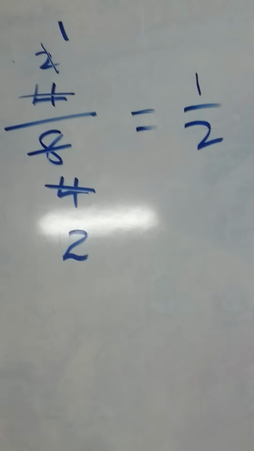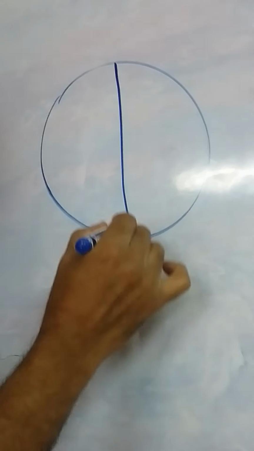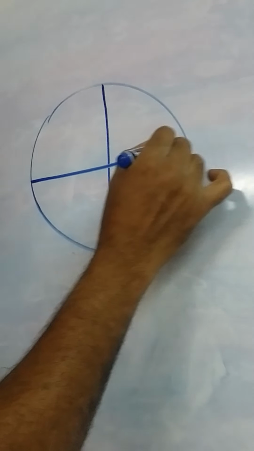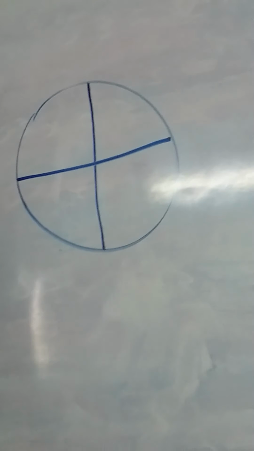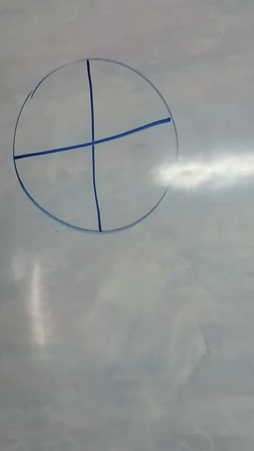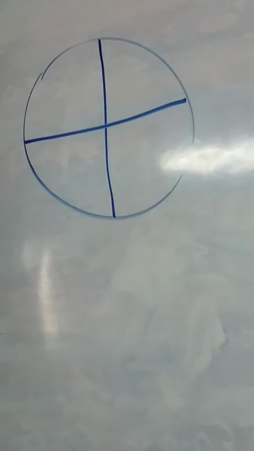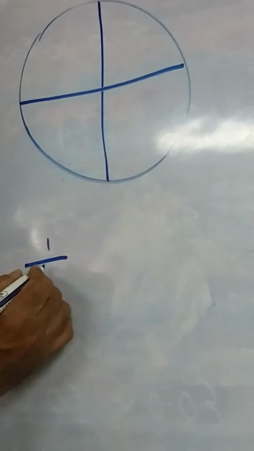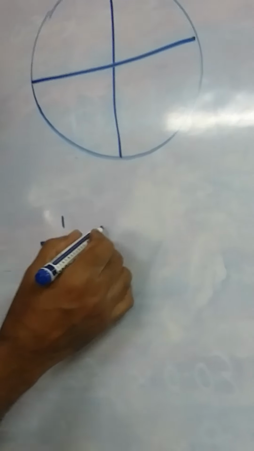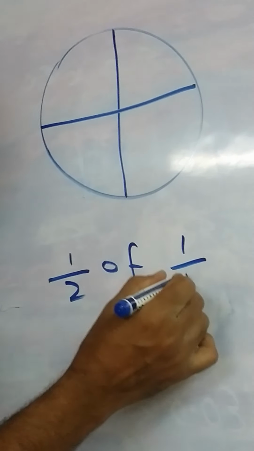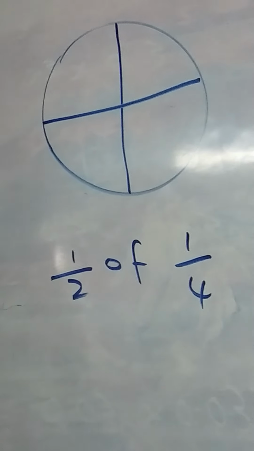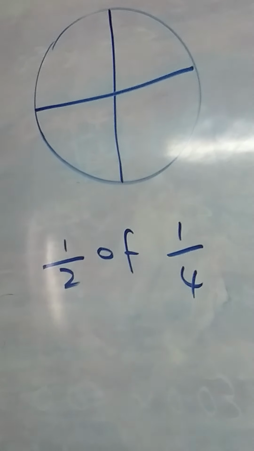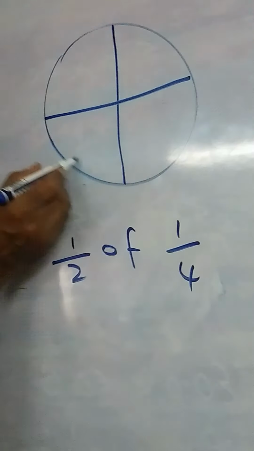Now, I want us to consider, look at it. We have a whole, and the whole is divided into quarters. And suppose I tell you I want half of a quarter. If I want half of a quarter, so this is a quarter here.